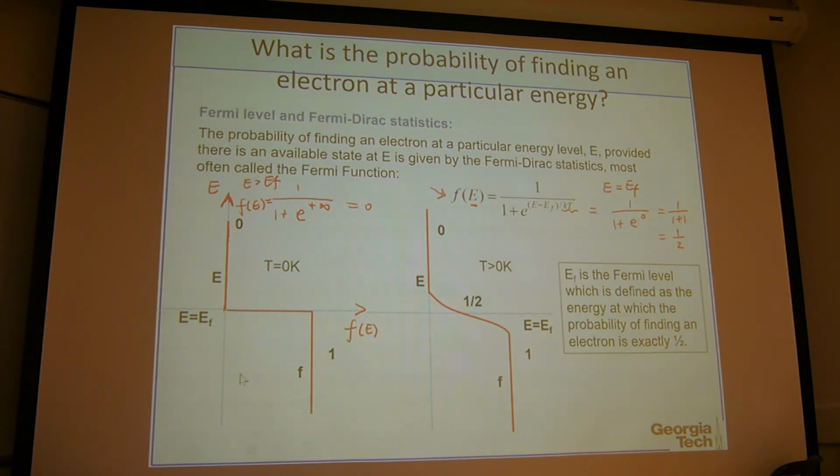Similarly, you can do E smaller than EF, then the Fermi function will have 1 over 1 plus e to the power. In this case, you will get some negative infinity number. So negative infinity, you have that in the exponential function.